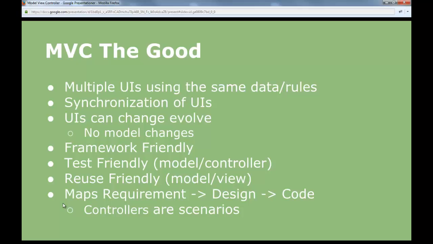Reuse friendly. Models are often reusable, at least if you would like to have the same kind of system, or parts of the model if you have a similar system. In our case, we could probably easily reuse our dice class. Views can be reusable also if you try to make them more self-contained.